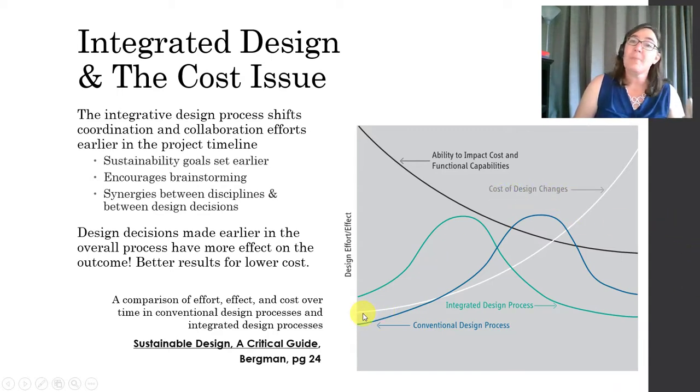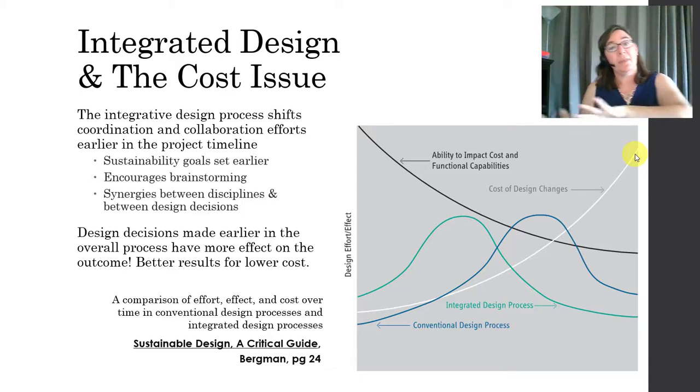So if you make a change in the design way here in the beginning of the process, it's a low cost, right? But by the time you get to the end of the design process, if you make a change in something that was decided 2 months ago, it can have a significant cost impact. All right. So because of the shift of the design decisions towards the beginning of the project, right, the integrated design process can have better results for lower cost.